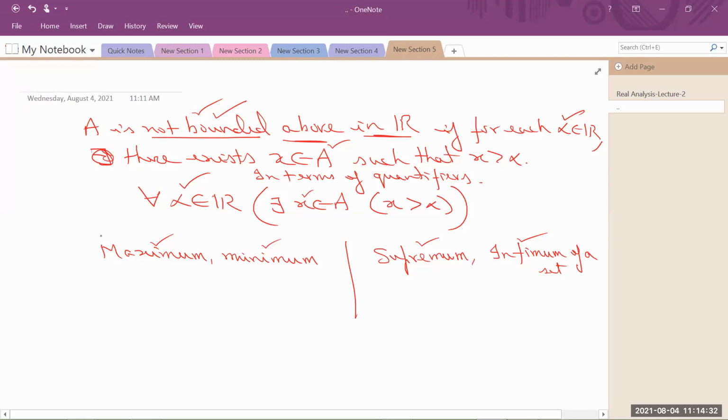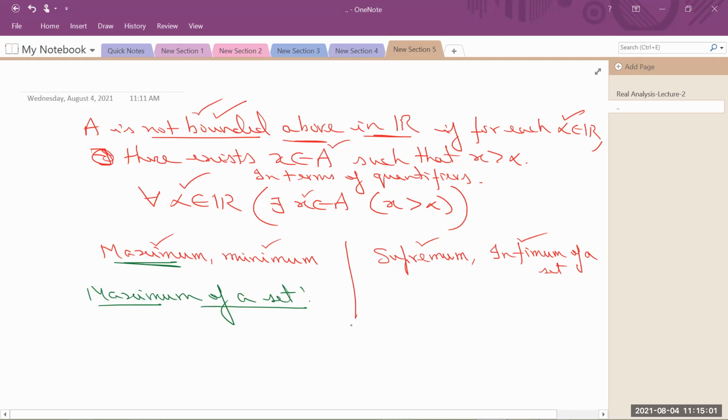So see what we mean by maximum of a set. First, try to understand this concept. Let me start from this one.